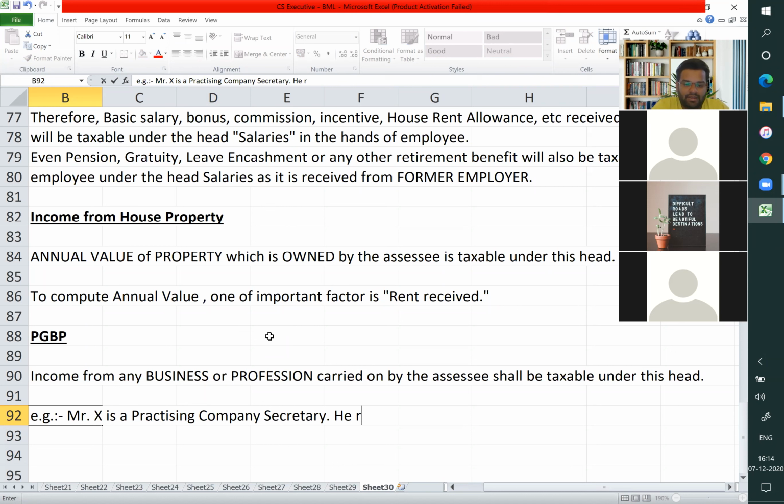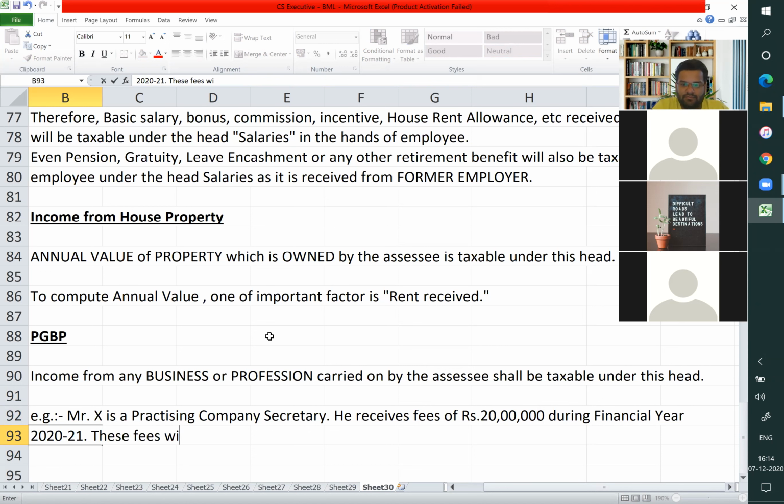He receives fees of rupees 20 lakhs during financial year 2021. Can you tell me in which head it will be considered? These fees will be considered under the head PGBP for taxation. Yes or no?